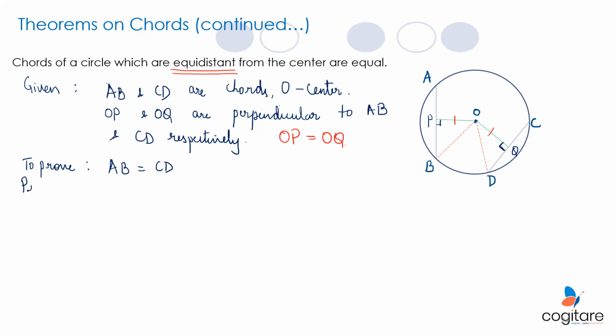So can you pause and try it for yourself, guys? It's very easy. It's just the reverse of what we did. Okay, cool. So now in this case, you will join OB and OD, right? And look at these two triangles, POB and triangle QOD.